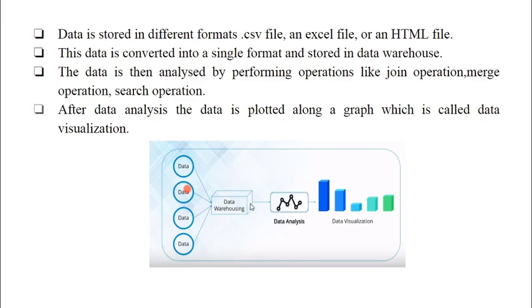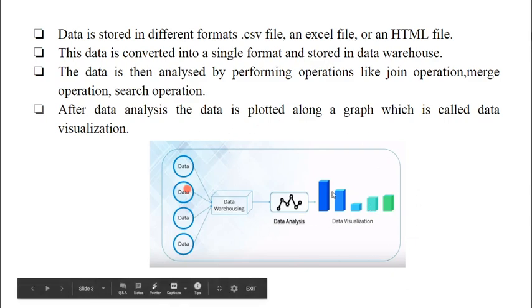And the data is then analyzed by performing operations like join operation, merge operation, search operation. So such operations are performed on the data, and after that data visualization is done by plotting the data along a graph. So this is the data life cycle.